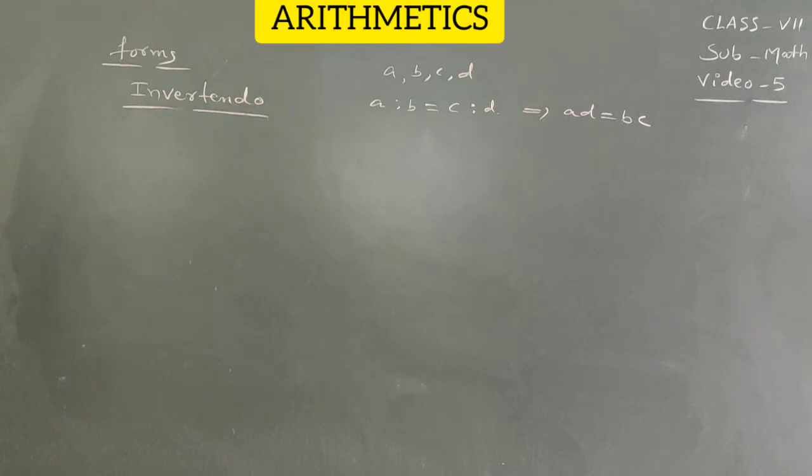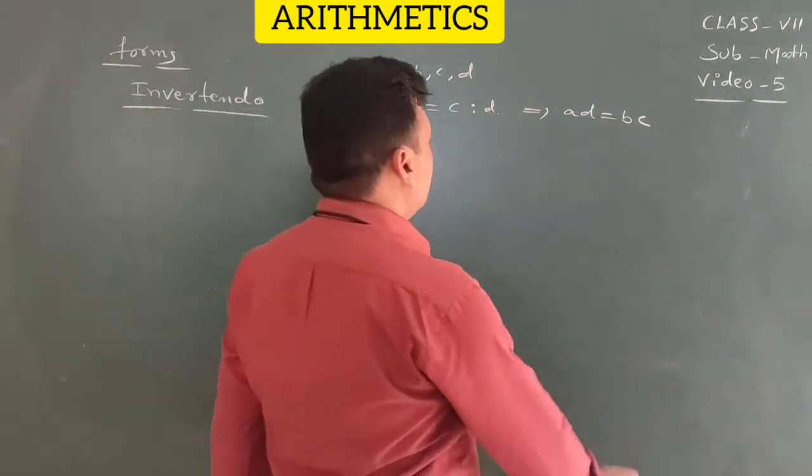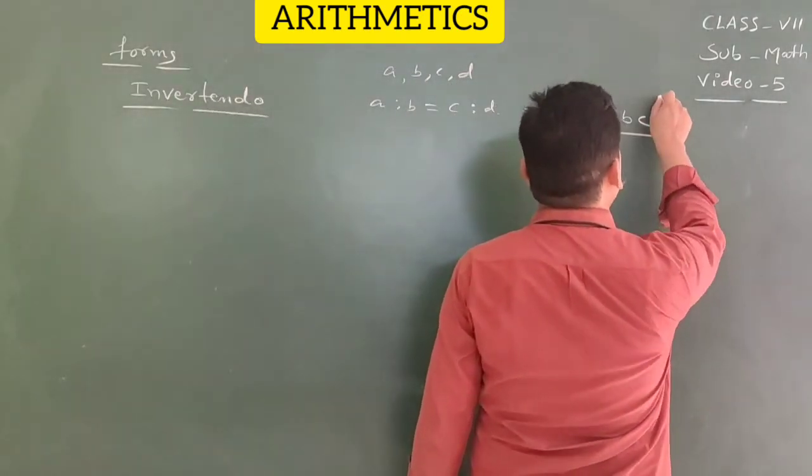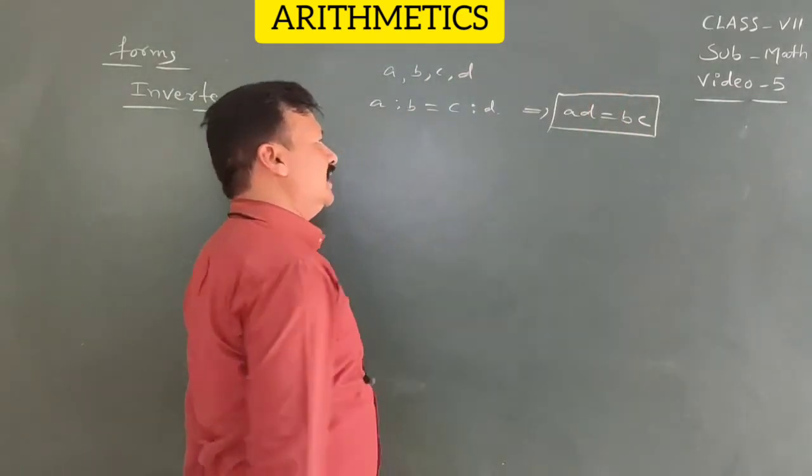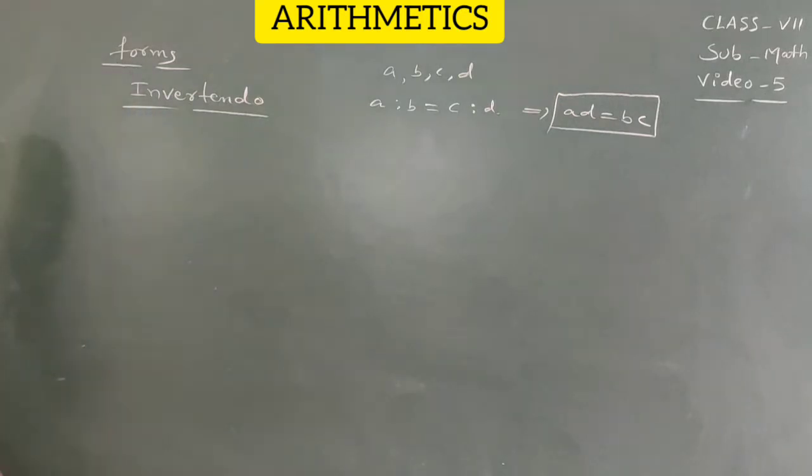So we can write it as AD equals BC, product of means equal to product of extremes. Now in the final situation, when we get AD equal to BC, then we can say A, B, C, D are in proportion.